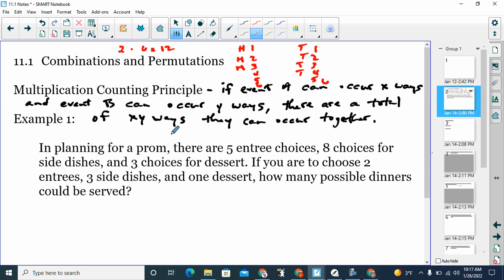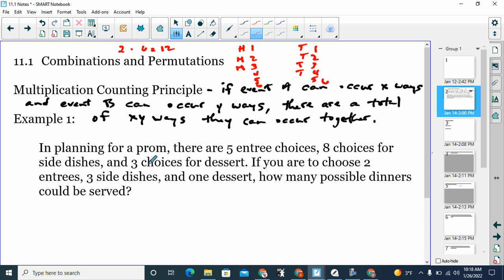Example 1 says when we're planning for a prom, there are 5 entree choices, 8 choices for side dishes, 3 choices for dessert. We get to choose 2 entrees, 3 side dishes, and 1 dessert. The question wants to know how many possible dinners could be served.